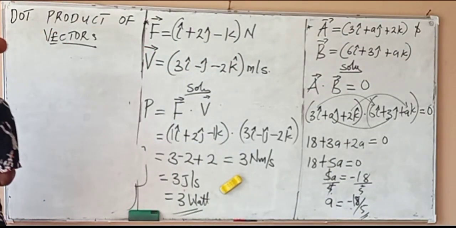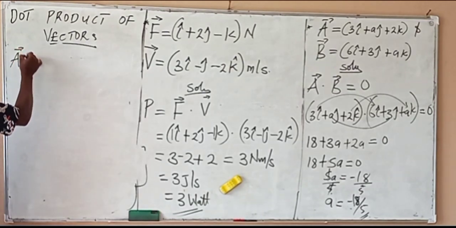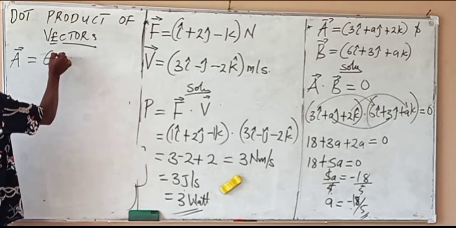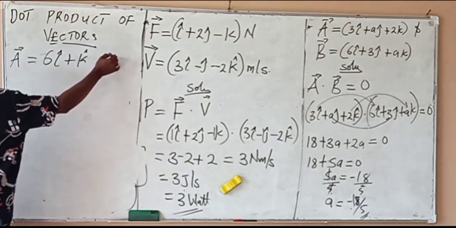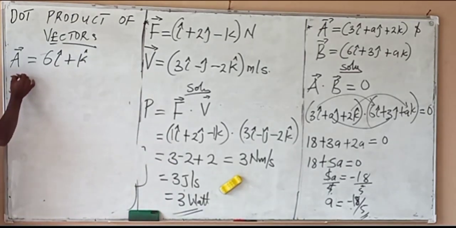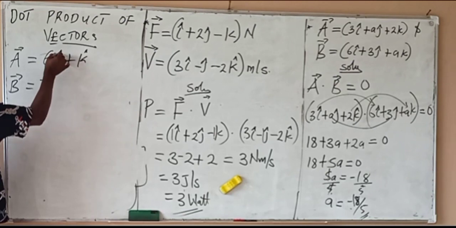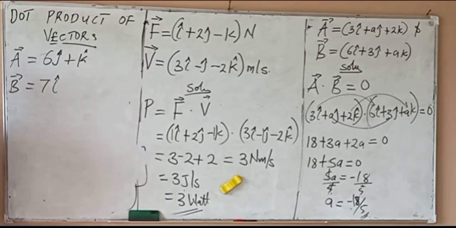So let's try one more. Calculate A dot B if vector A is equal to 6j plus k and vector B is equal to 7i.